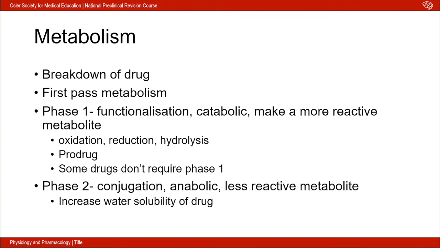So this would include glucuronidation, sulfonation, acetylation, and methylation. And they essentially increase the water solubility of the drug to allow excretion. So in terms of metabolism, one of the main things we want to focus on, as it's applicable to medicine, is the cytochrome P450 system.